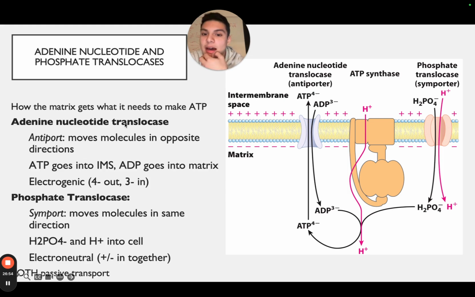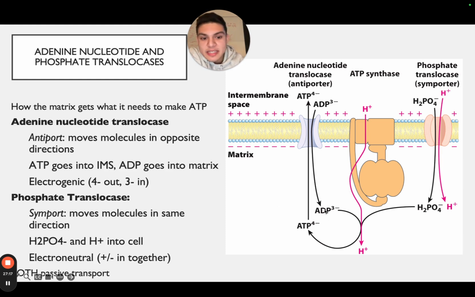And that's exactly what these phosphate translocases are. So how the matrix gets these substrates is through these two translocators, antiporters and symporters. The first one is the adenine nucleotide antiporter, and I don't call them translocase, I call them antiporters or symporters just for simplicity's sake. So the first thing is we're going to have ATP and ADP, and the ADP is going to pass from the inner membrane space into the matrix. Again, we never want to run out of this supply.